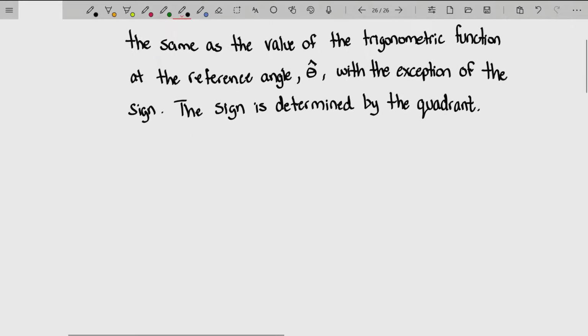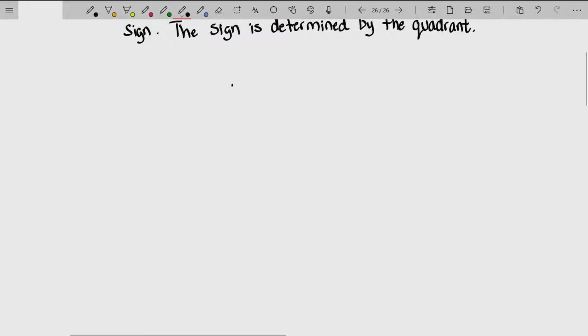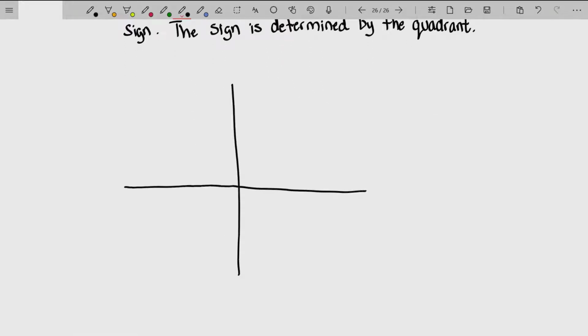So let's go ahead and think about this. I give you some angle theta. Let's pretend that it lands us all the way over here. There's our angle theta right there. And notice the terminal side of theta has a point x, comma, y.